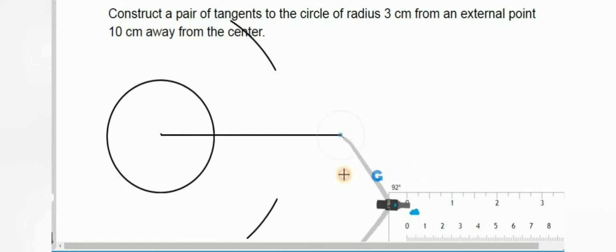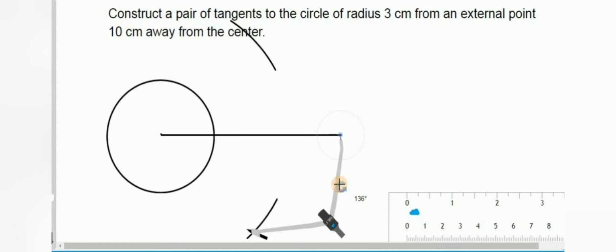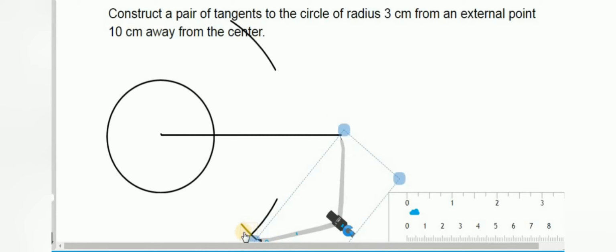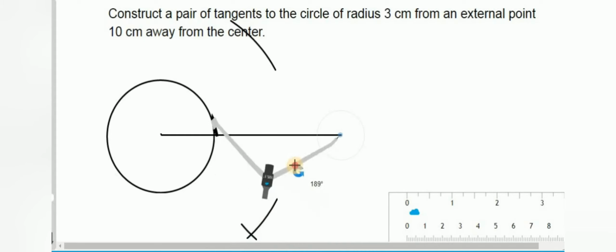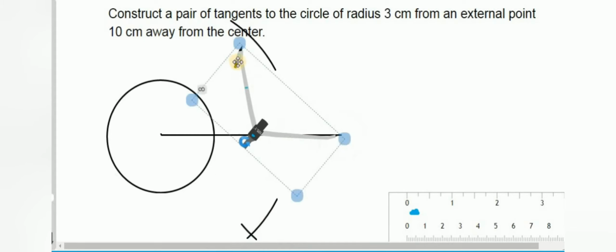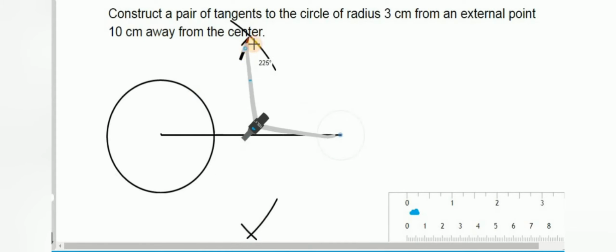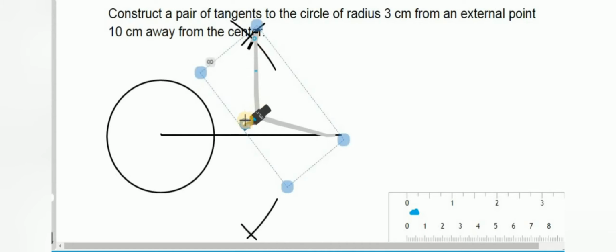Just cut the given arc. We have already done this in the previous one. Like this, here comes the point of contact. Here also, here comes the point of contact of both the arcs.